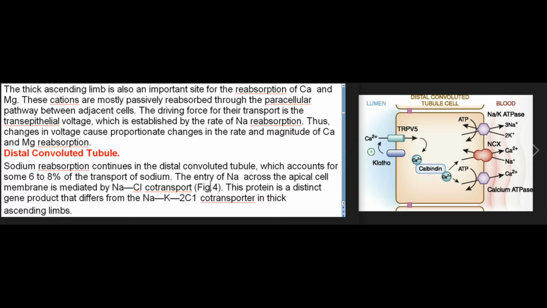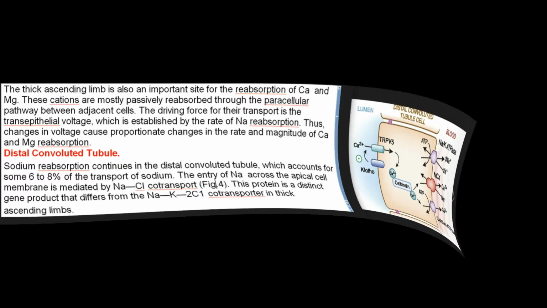Distal convoluted tubule. Sodium reabsorption continues in the distal convoluted tubule, which accounts for some 6 to 8% of the transport of sodium. The entry of Na across the apical cell membrane is mediated by NaCl cotransport, Fig. 4. This protein is a distinct gene product that differs from the NaK2Cl cotransporter in thick ascending limbs.